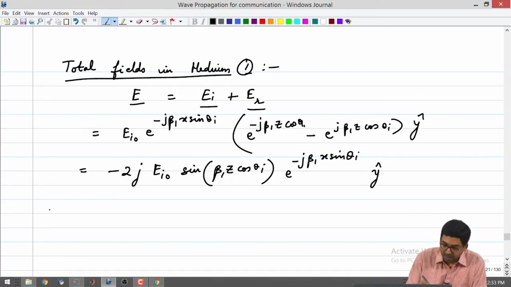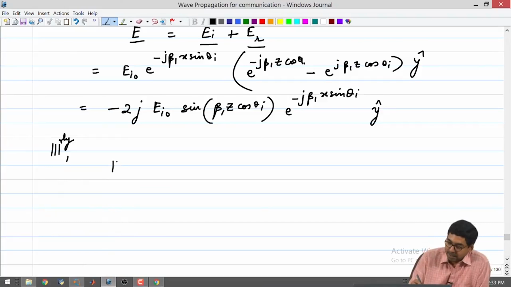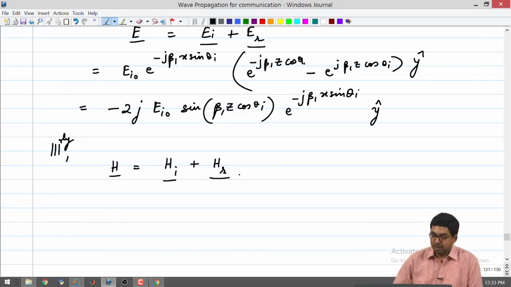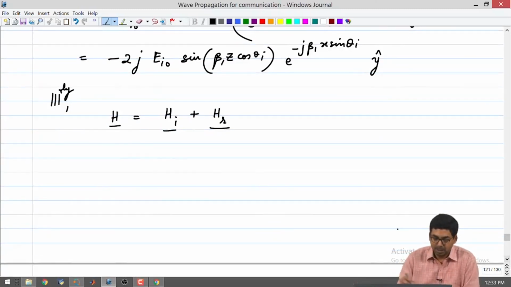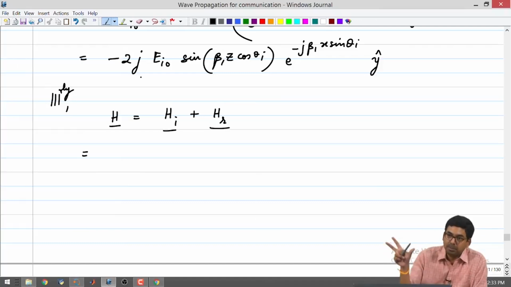Similarly, you can also write down the expressions for the magnetic field. So, you can always say that I have total fields equal to Hi plus Hr. There is a very lengthy expression, all right. I will just write it down, and it involves grouping the z terms and applying Euler's theorem to take the difference or the sum between the two exponentials in this case.